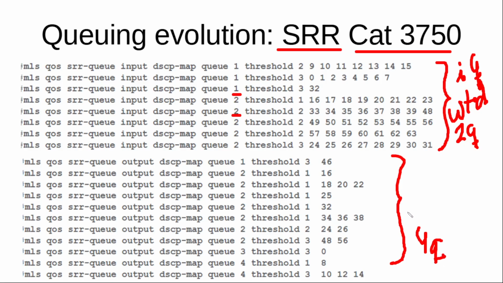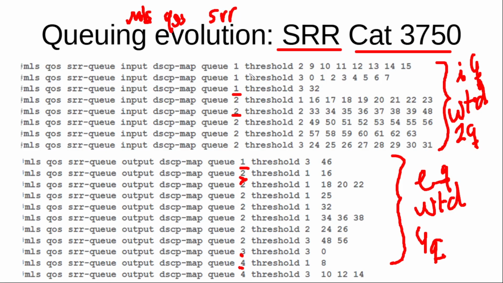So this is the configuration that does weighted tail drop for the egress queues. Notice that we can configure Q1, 2, 3, and 4. Notice that these commands are MLS QoS SRR, as opposed to the previous generation of switches that used MLS QoS WRR.